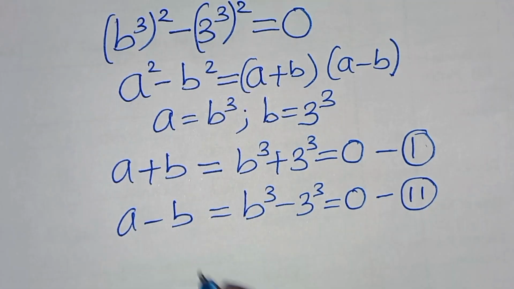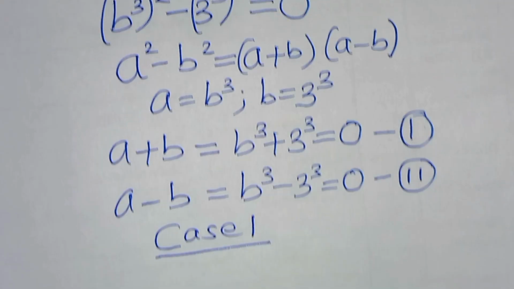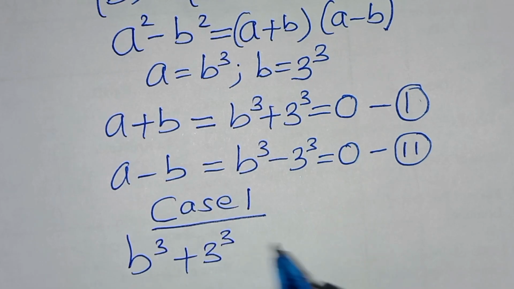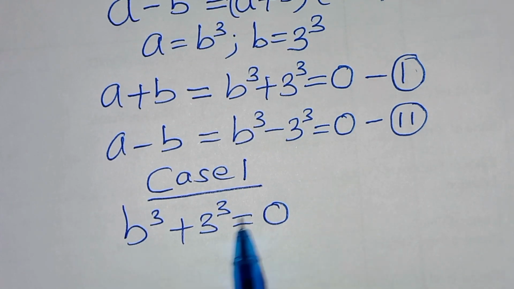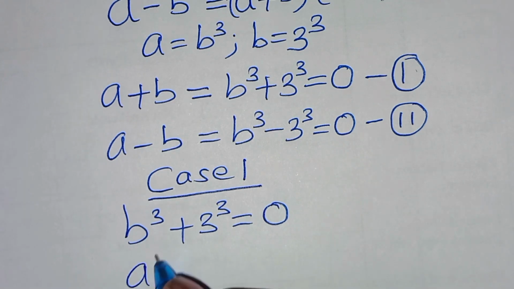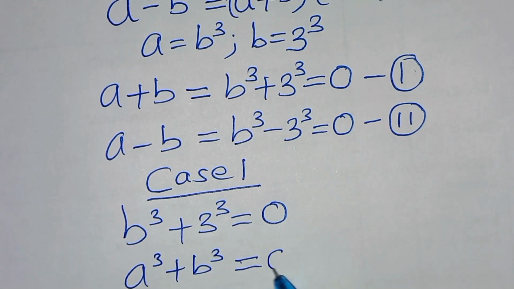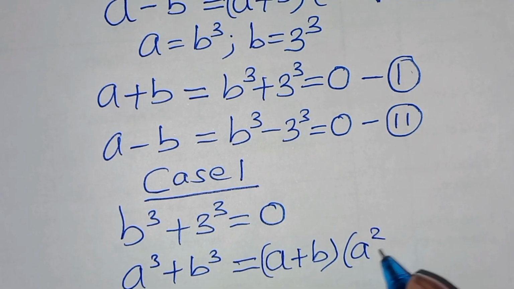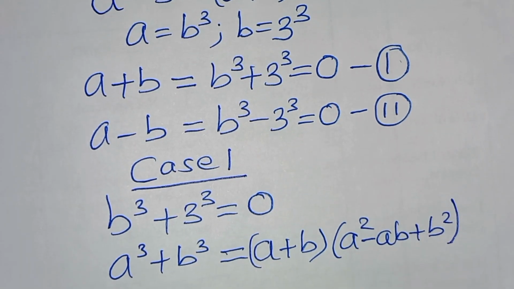So let's start with case 1, which is b to power 3 plus 3 to power 3 equal to 0. This is in the form of a to power 3 plus b to power 3, the sum of two cubes, which we can express as a plus b times a squared minus ab plus b squared.